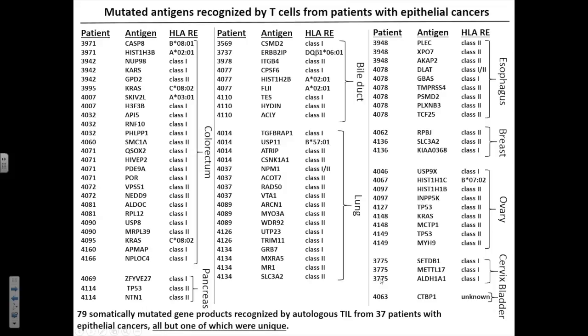That tumor was resected, leaving the patient now disease-free, and she remains disease-free. You can see now this next most important slide, and that is with 37 patients with common epithelial cancers.